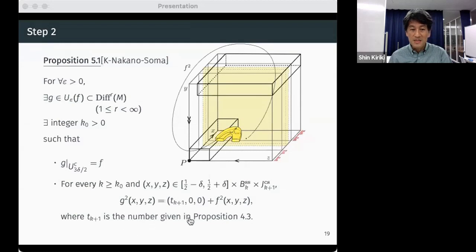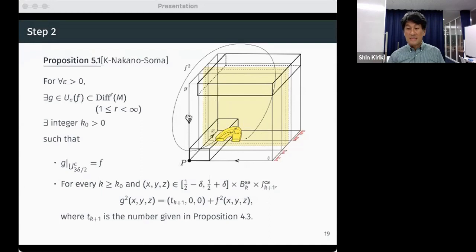To obtain such a G, in fact, we have to add perturbations in infinitely many countable places belonging to this yellow cube. For sufficiently large K, the norm of the sum of all such perturbations is arbitrarily close to 0.